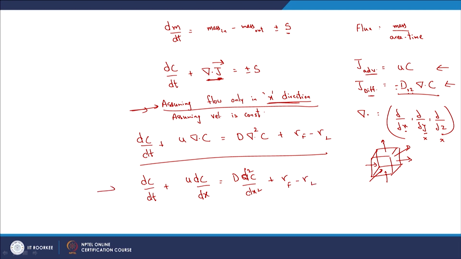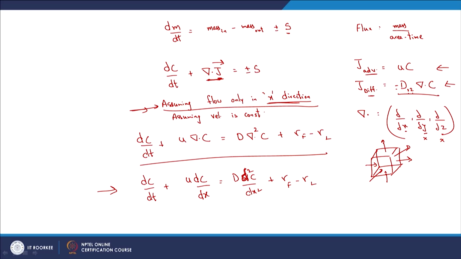So this is the equation that you can typically apply for microscopic systems too. If you have a more complex system wherein you also have flow along y and z directions, then obviously you need to take that into account. But typically in the systems that environmental engineers, or most environmental engineers anyway, are concerned with, we typically have flow in only one direction.